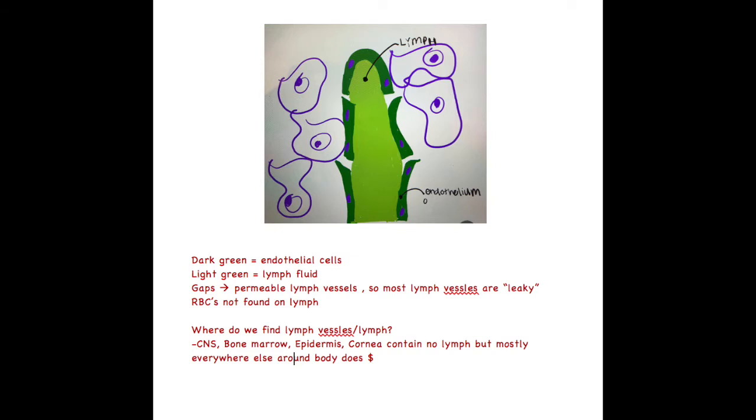As you can see, there are pores against the outside wall, and these gaps show how permeable the lymph vessels are, but they're not always there. This is the gap I'm talking about here and here, and this is also tissue fluid here. There are little anchoring elements from the surrounding connective tissue which regulate how permeable the vessel will be. With that being said, we can conclude that most lymph vessels are leaky.